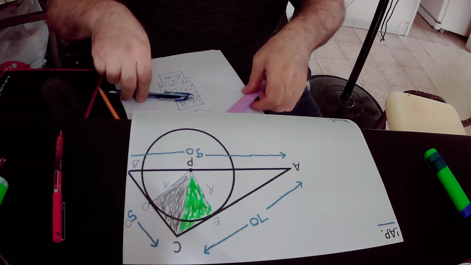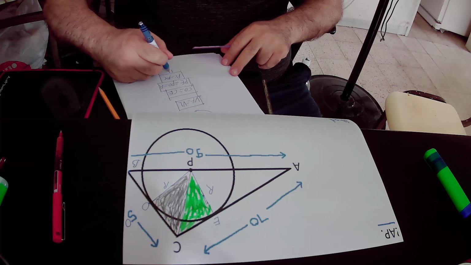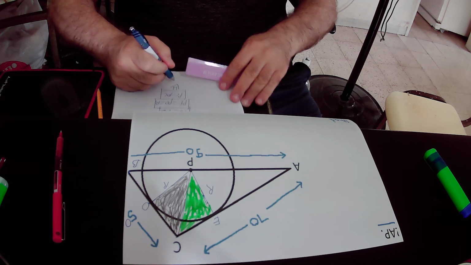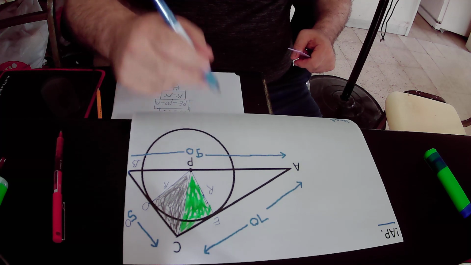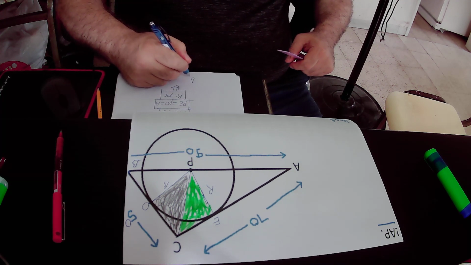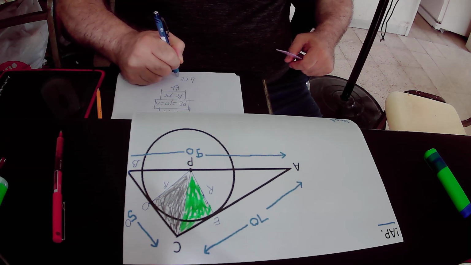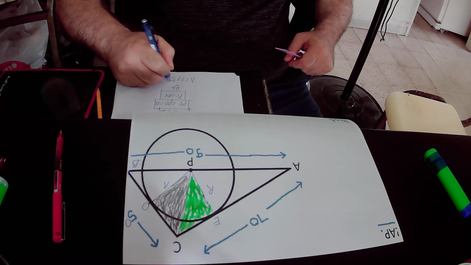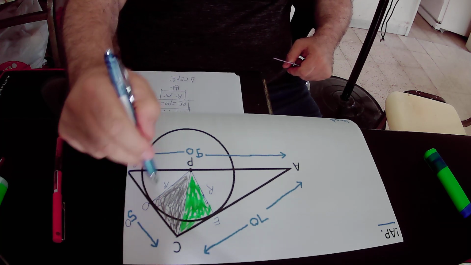Therefore, we can deduce that triangle CEP is congruent to triangle COP.